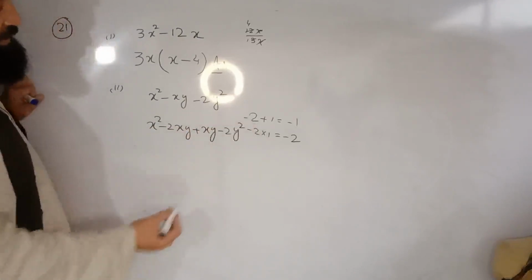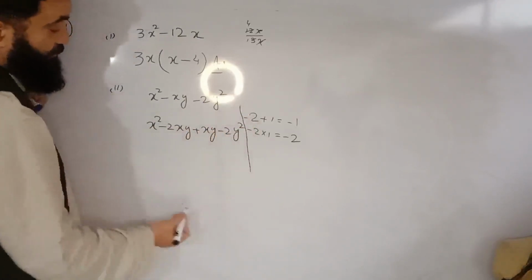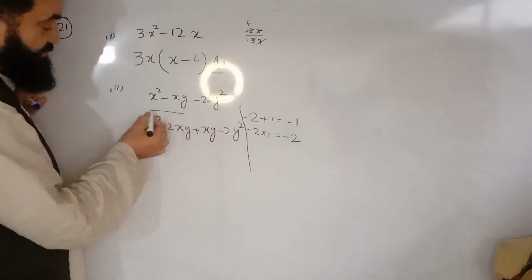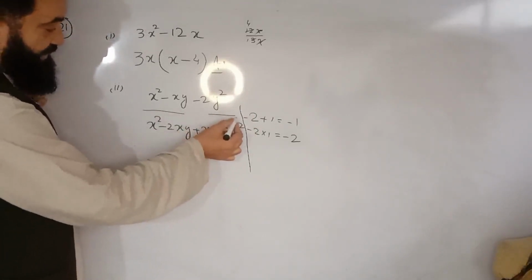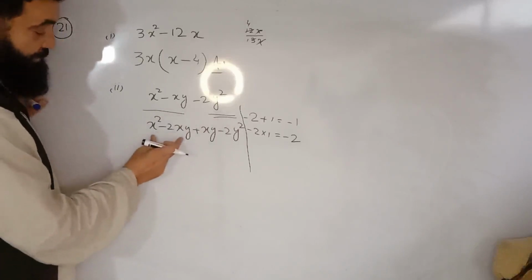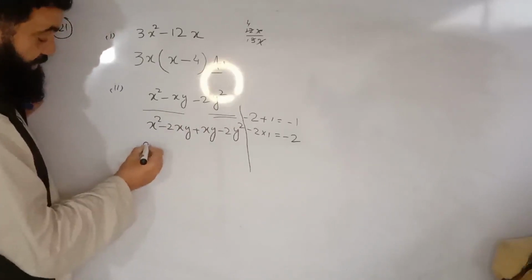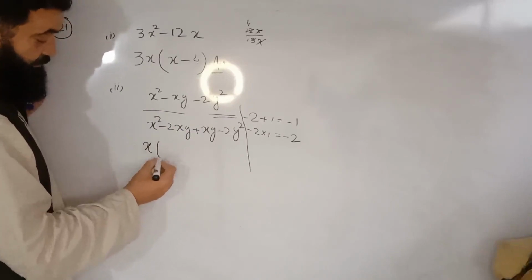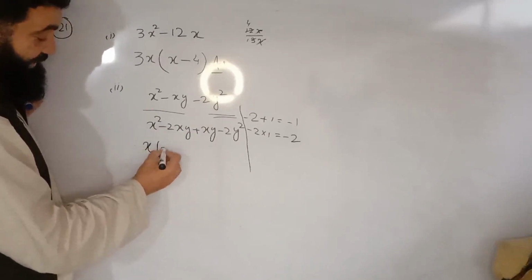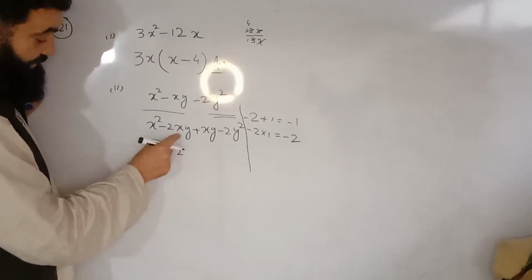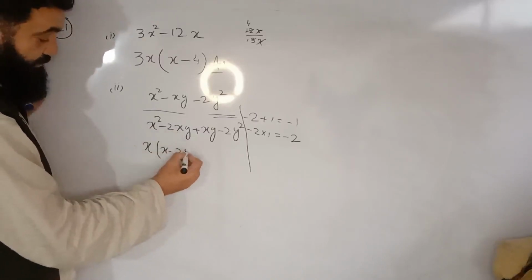This is the first step. Second step is we have to make pairs. This is the first pair and this is the second pair. We have to take something common from here. Which is common from this pair? X is common. When you take out x common, we get x square by x is x, minus 2xy common out, so y is left.